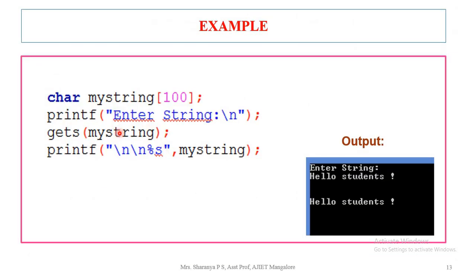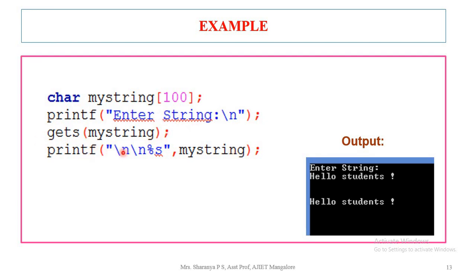As an example, here instead of the scanf function, it is using the gets function. The problem we previously observed, that "students" was not displayed, is resolved by using the gets function. Here, even if there is a space, "hello" and then after that space "students", it is taken as input since it uses the gets function.